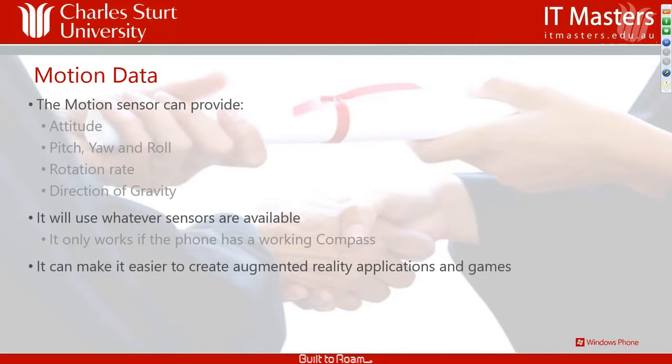The motion sensor provides attitude, pitch, yaw, and roll, rotation rate, and of course the direction of gravity. One thing to note though is that if you don't have a compass on the device, the motion sensor is not supported. So it's really important that you query that before you make assumptions on it being available.